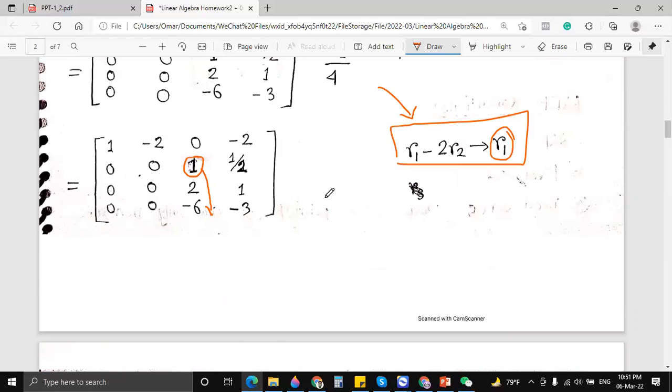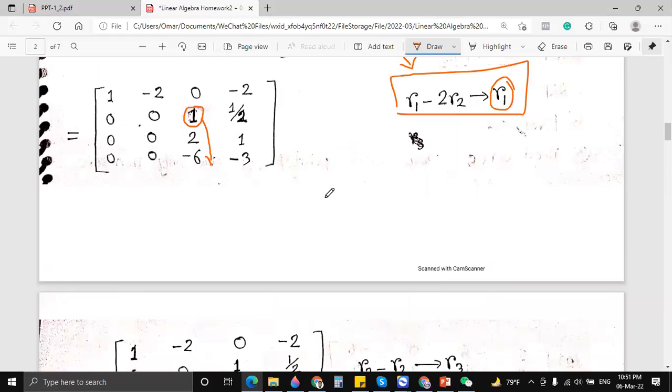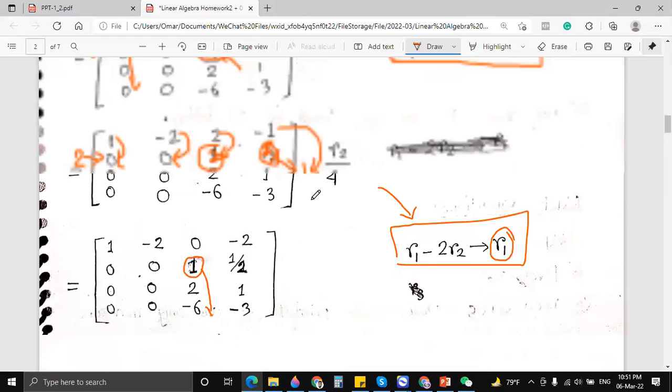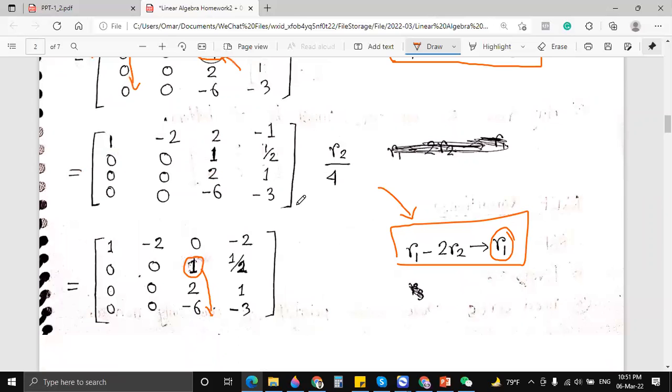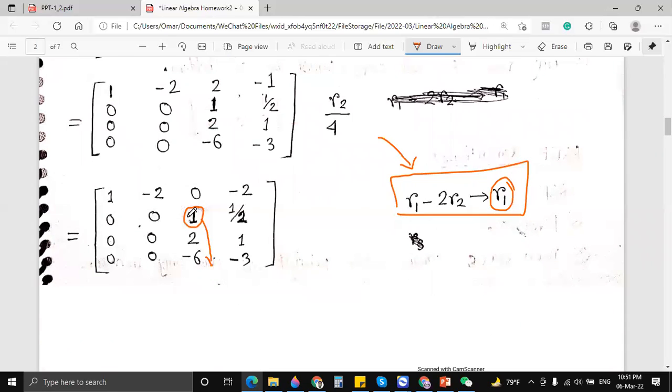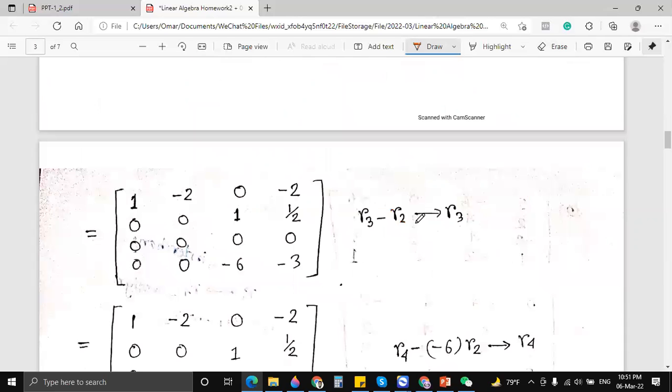Okay, Hassan, it was 2, right? It was here 2. It is not 1, okay? Oh, sorry, it was 1, right? It was 1. So maybe I have to write down 2 here, because otherwise I cannot say that this is correct, okay?